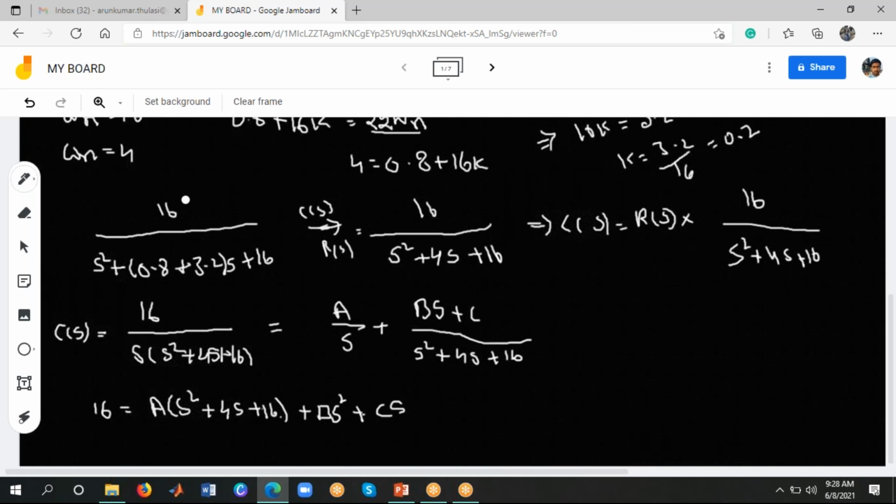Find the A value and B value. So A is equal to 1, okay. Then B is equal to minus 1. So you will get here the minus sign.